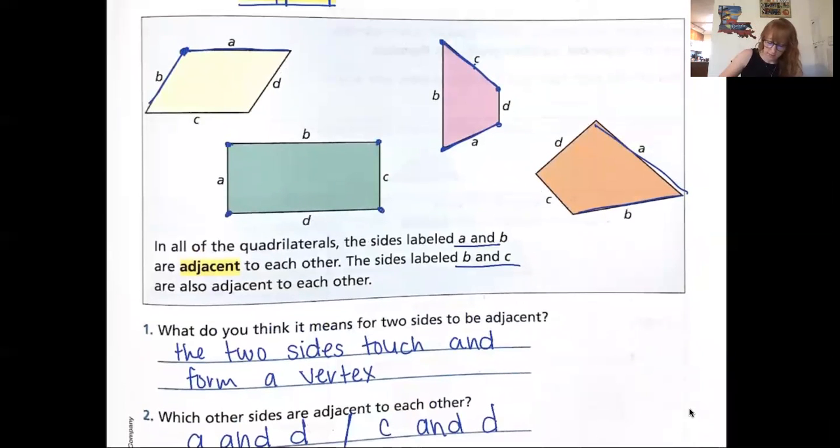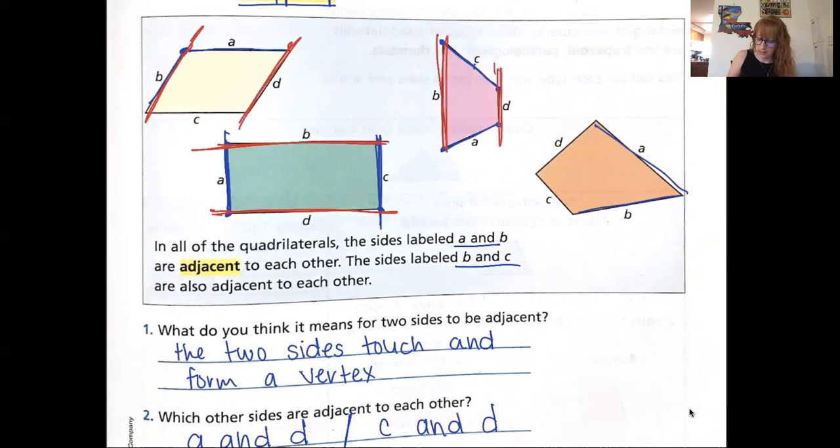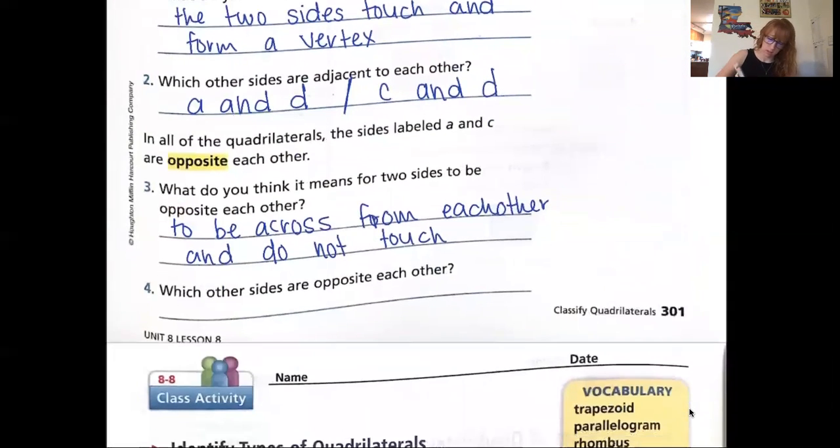So we have A and C. If we look closely, we'll see that B and D are also opposite each other. And same here, B and D, B and D, and then again B and D. They're all opposite each other, so they'll never touch.